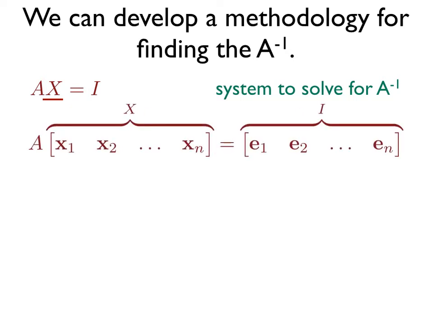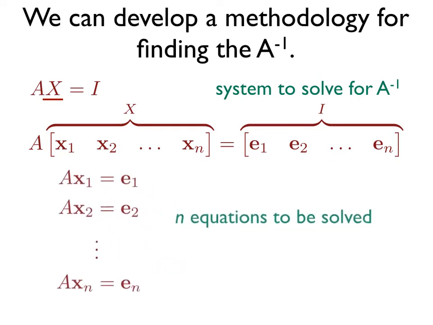Well, X is a matrix of unknowns. So each column of X represents the unknown vector solving for each of the columns of the identity matrix on the right-hand side. So we have something that looks like A times the matrix that has x1, x2 to xn as its columns is equal to I, which has as its columns E1, E2 to En, because recall that E sub j just refers to the jth column of the identity matrix.